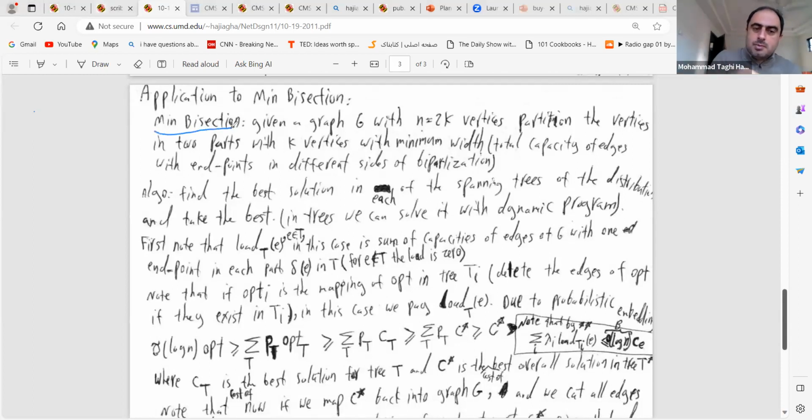In the minimum bisection, you are given a graph G with n equal to 2k. You want to partition the vertices into two parts with k vertices each, with minimum width. Width means the total capacity of the edges whose endpoints land in two different parts.